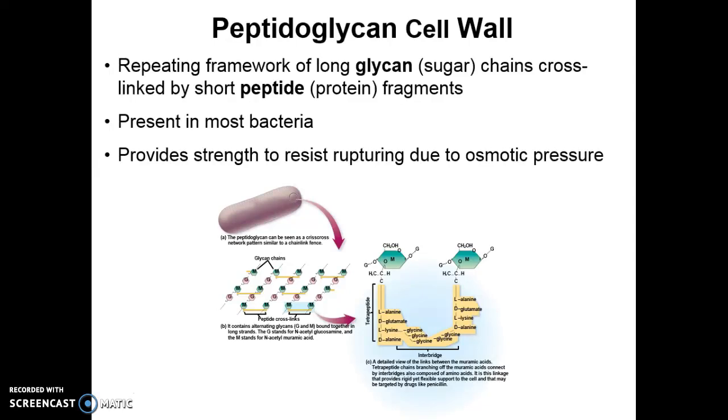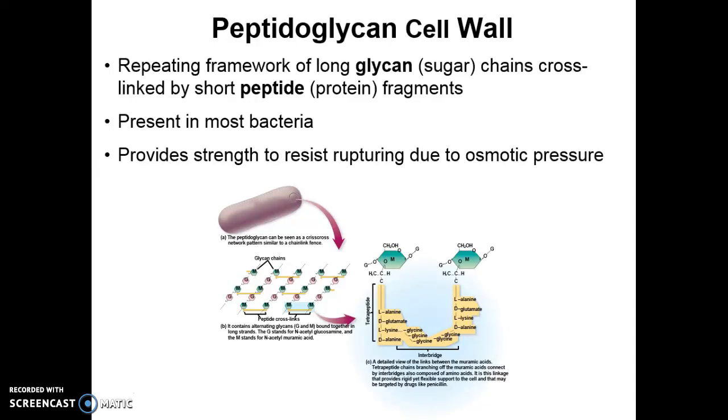First, we're going to talk about the peptidoglycan cell wall. This is going to be a major part of bacteria cells because almost all bacterial cells have a cell wall. Peptidoglycan is a framework. You can think of it as scaffolding around the exterior of the bacteria, like scaffolding around a building that's being built or remodeled on the outside.